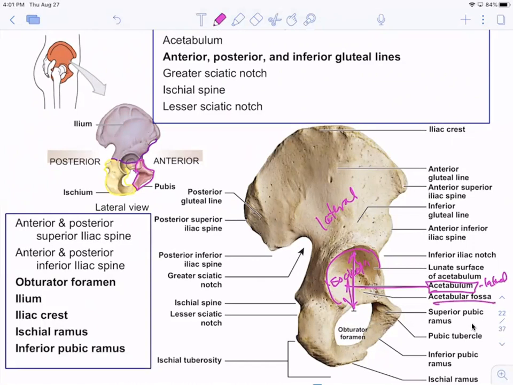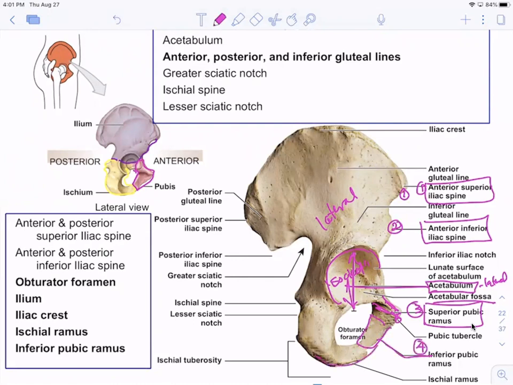So from this side, I always kind of go around the bone, and I like to start at the anterior superior iliac spine and then go down. So that's 1, then I go down to the anterior inferior iliac spine. And then you come down, and the next thing down here is the superior pubic ramus. You have the pubic tubercle, and then you go to the inferior pubic ramus.